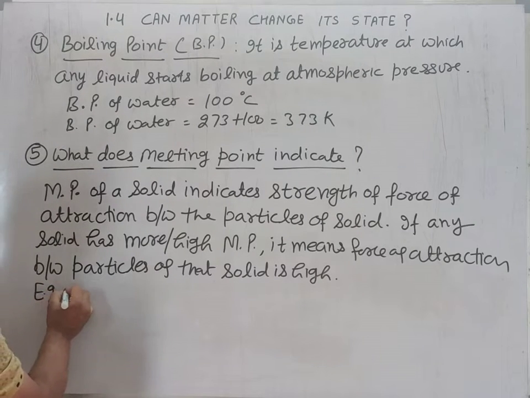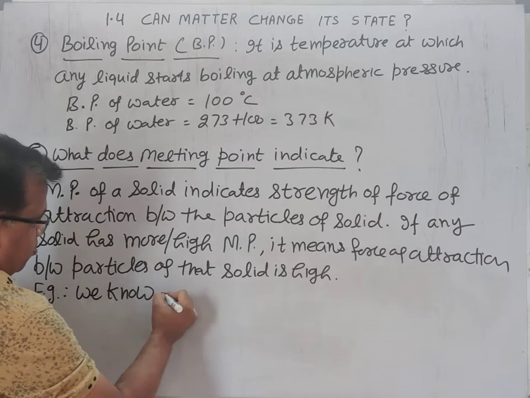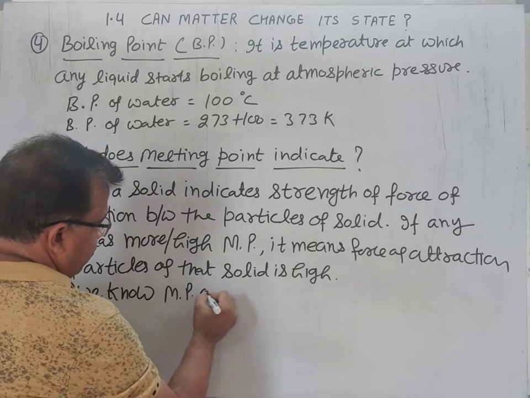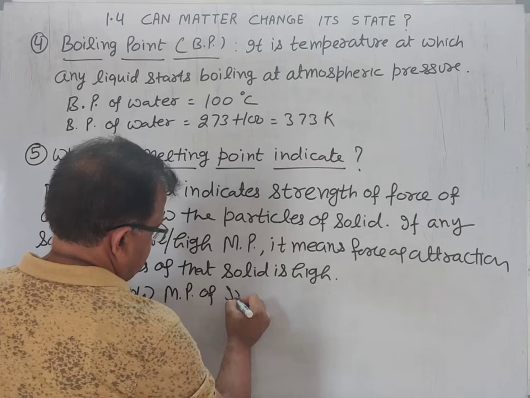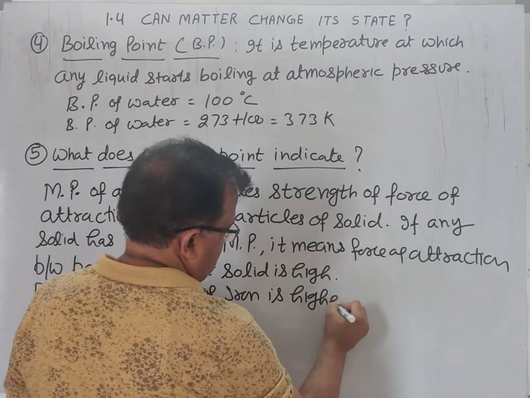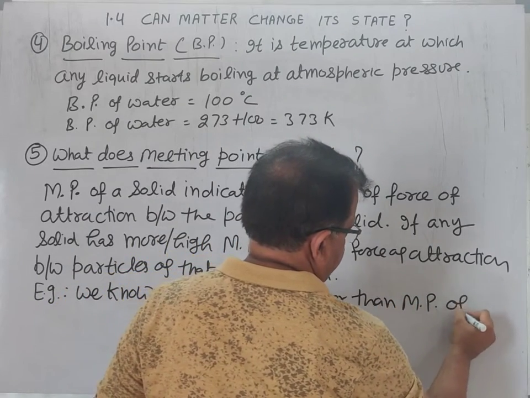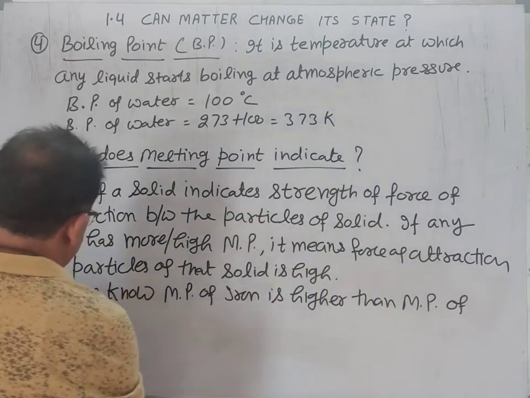For example, we know melting point of iron is higher than melting point of wax.